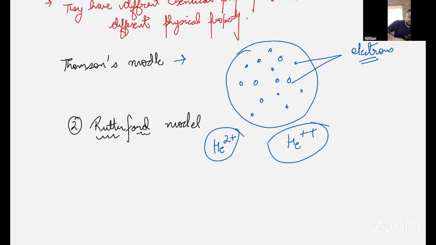Like the electron is a charged particle; when it is moving in accelerated motion, it will radiate energy. This is Maxwell's theory of electromagnetic radiation.